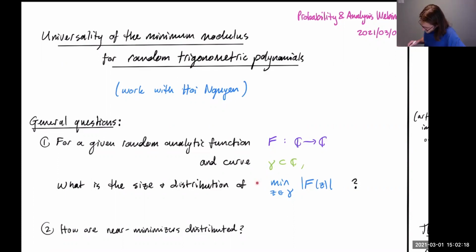Okay, and then the second type of question is, you understand the level of the minimum, or local minima or global minima, but how about the minimizers? So where these optima are achieved, how are they distributed?